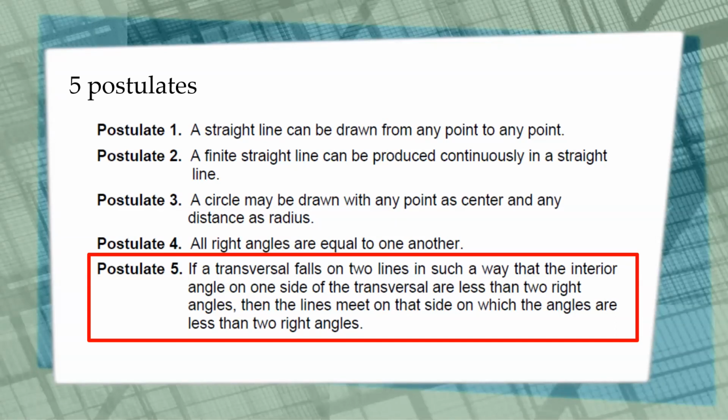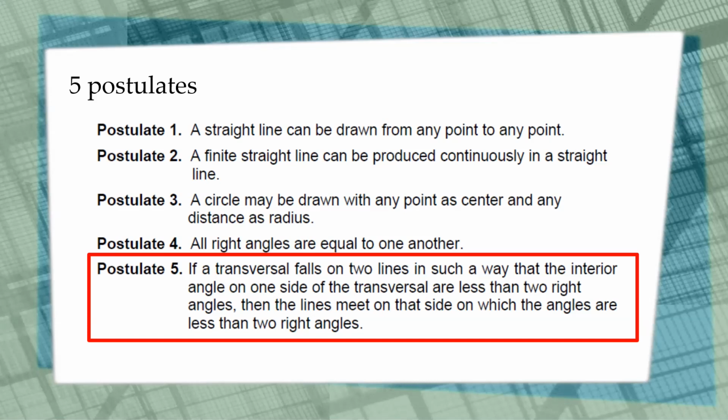So any circle can be defined by a point and a distance from that point. So lahat ng points that are equidistant to that point in the center for a given R, then that defines a circle. All right angles are equal. Okay? Lahat ng right angle equal.